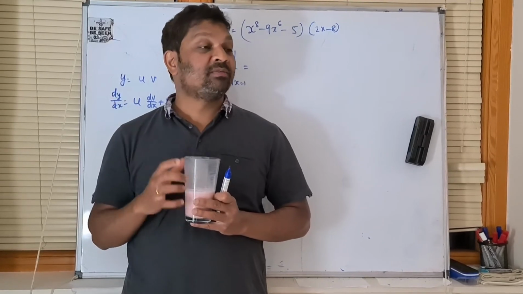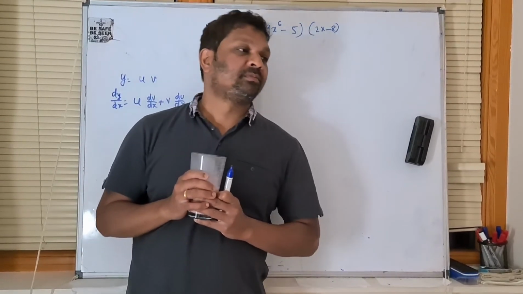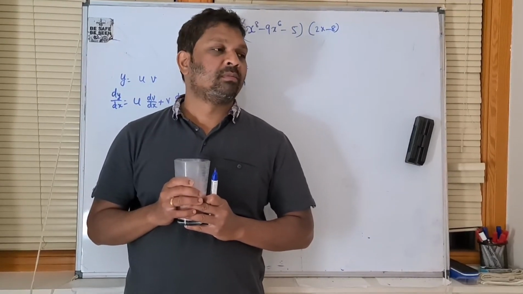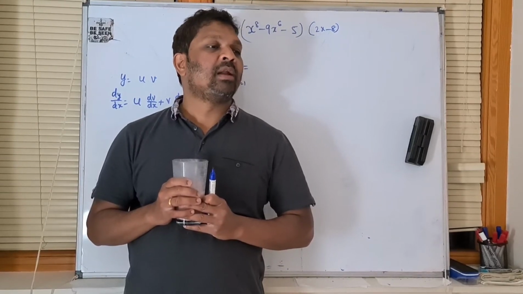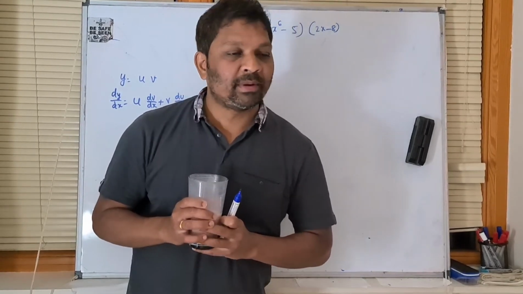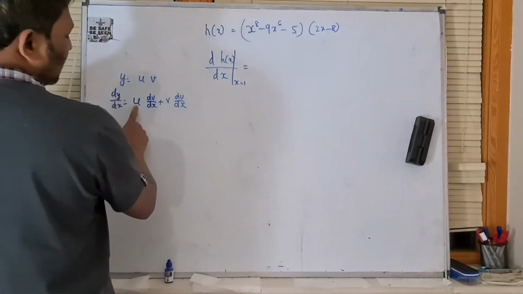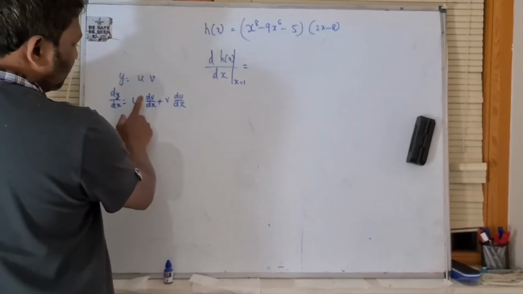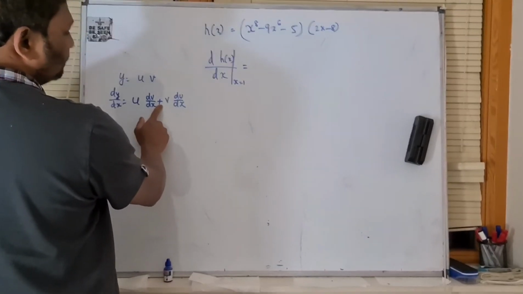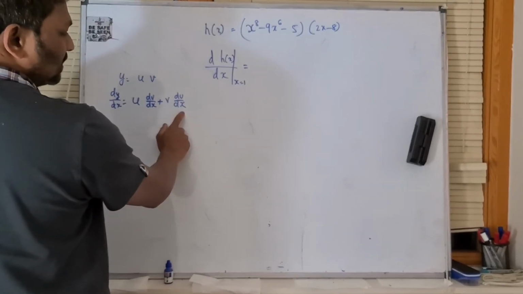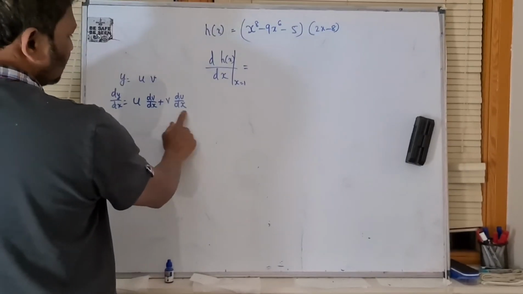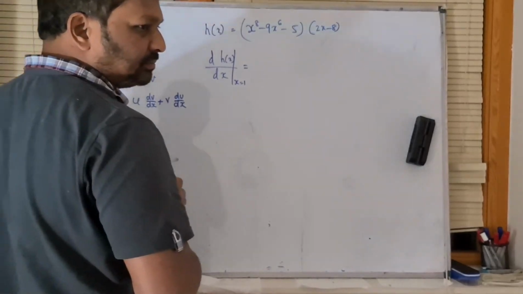So what is the division formula? It's similar, but it's a fraction and it has a minus. The division formula starts with v differentiation of u with respect to x minus u differentiation of v with respect to x, all divided by v squared. It's completely reverse.